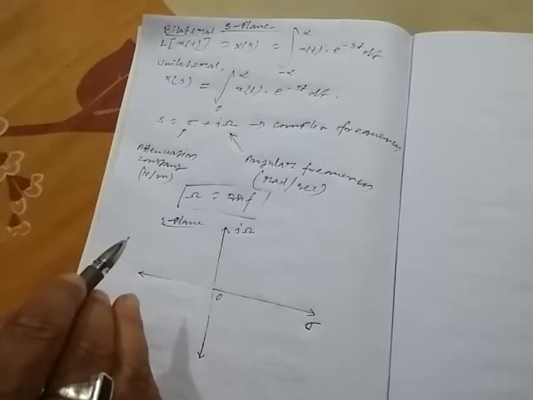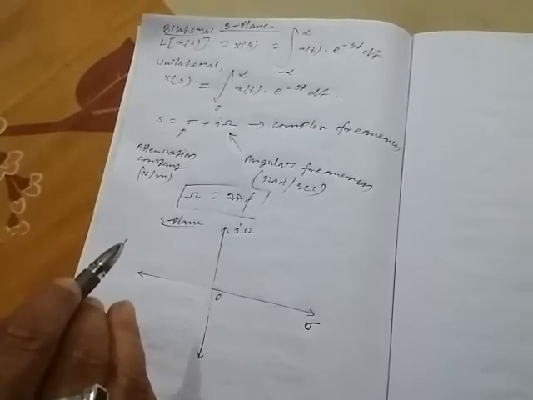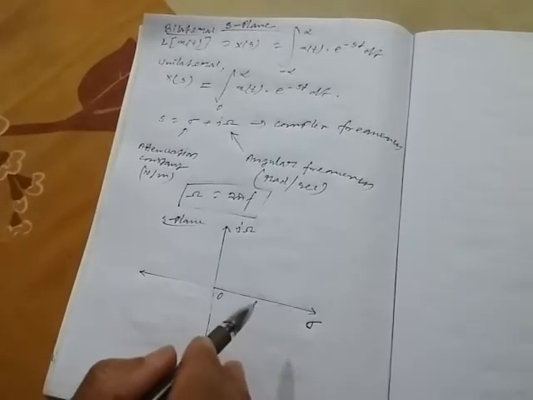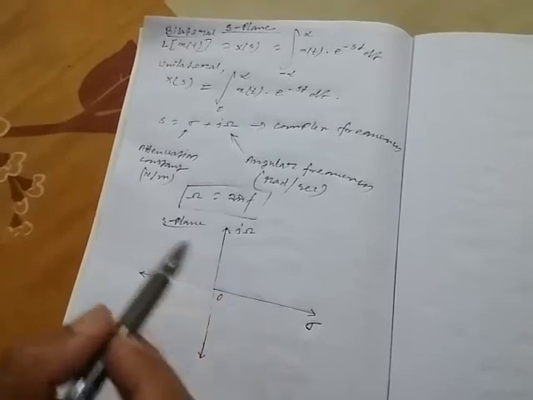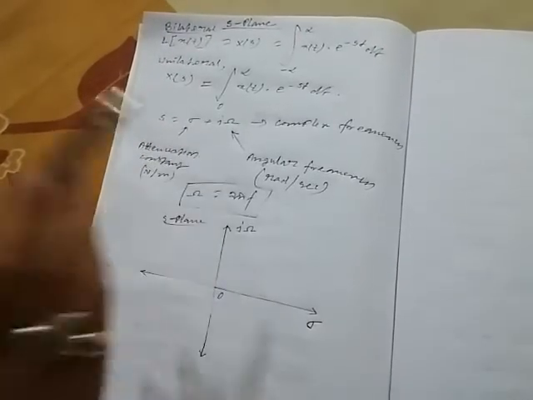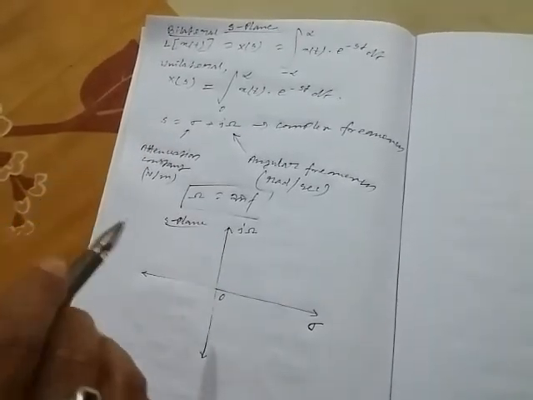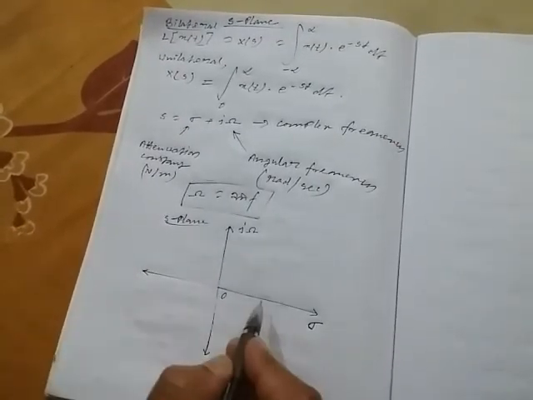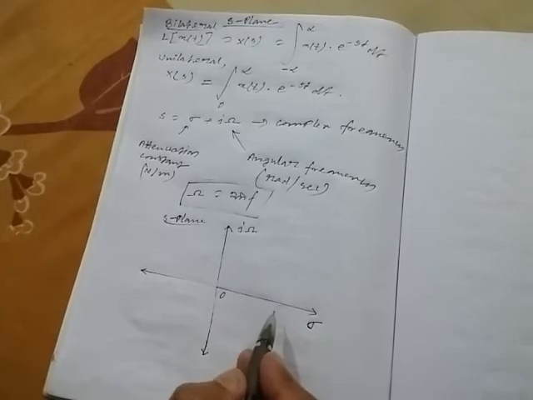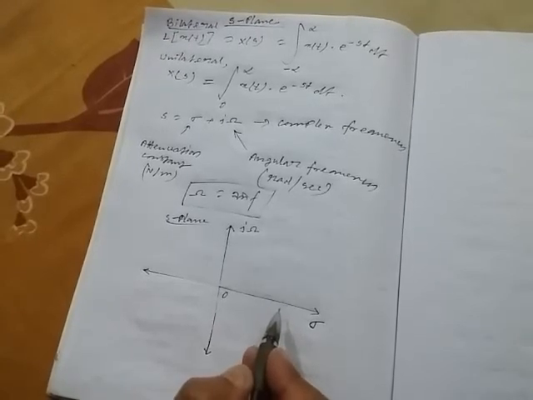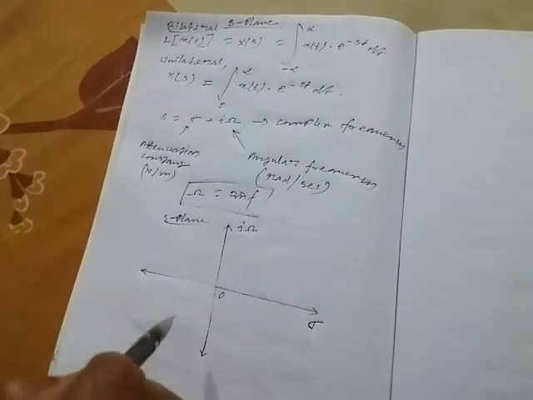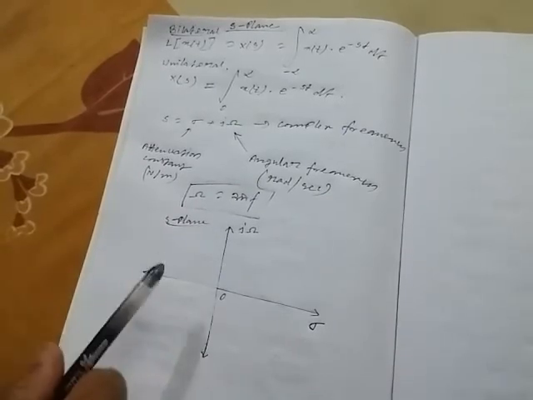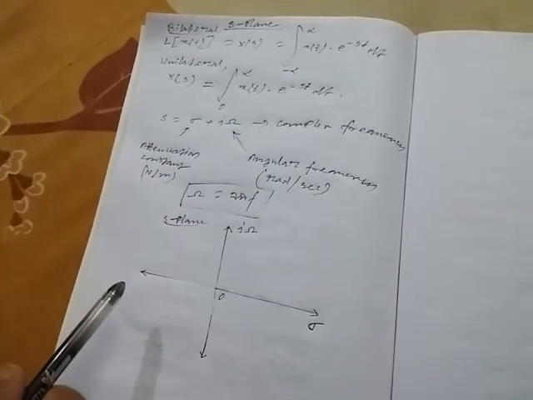The horizontal axis of this plane is known as the real axis, since it is defined by s equal to sigma plus j0. So this real axis, or sigma axis, is defined by sigma plus j0, and the vertical axis is defined by 0 plus j omega. We all know this thing.